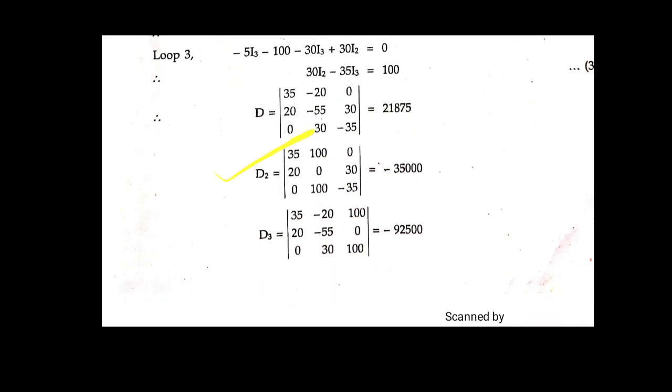So in the system determinant we replace the second column with these constants and calculate D2. Same for D3, we replace the third column with the constants: 100, 0, 100, and you can calculate D3.